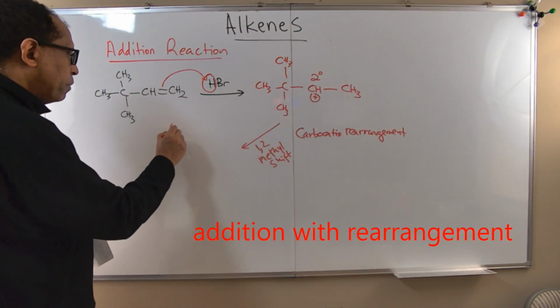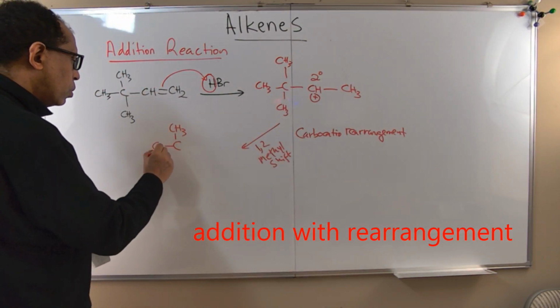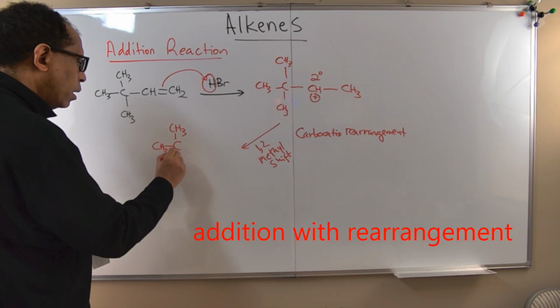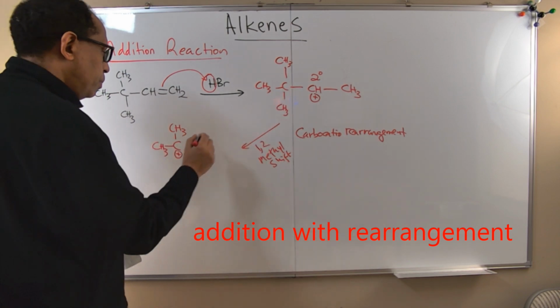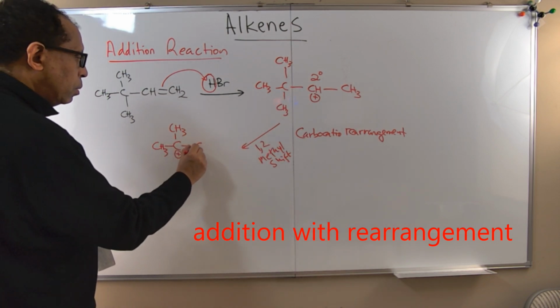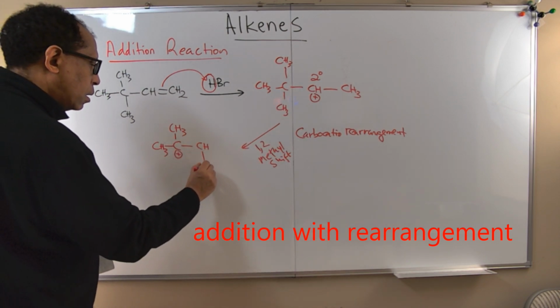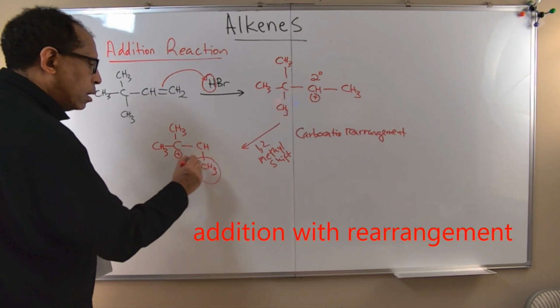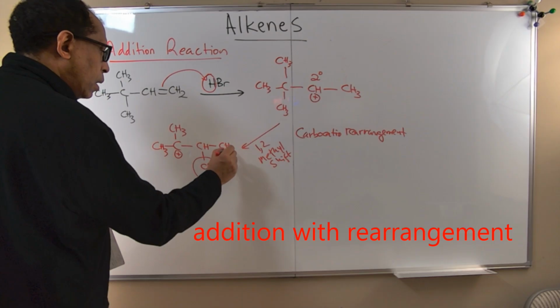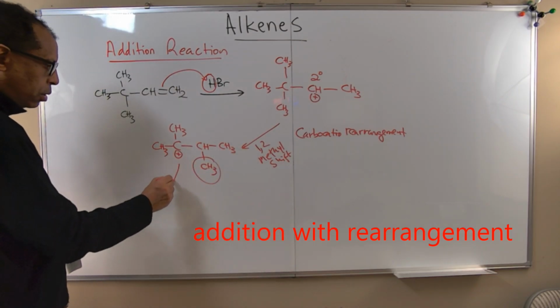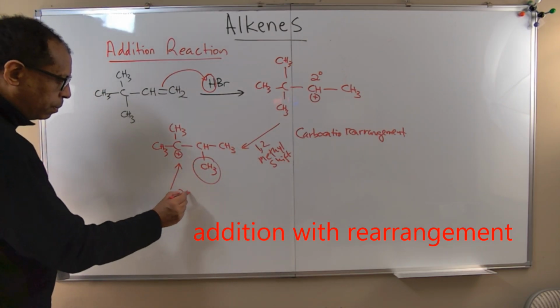So that's preferable. CH3, carbocation is right here. Remember, Br is still floating around. So this would have CH3. This is a migrated methyl to that, CH3. Now I have a tertiary carbocation.